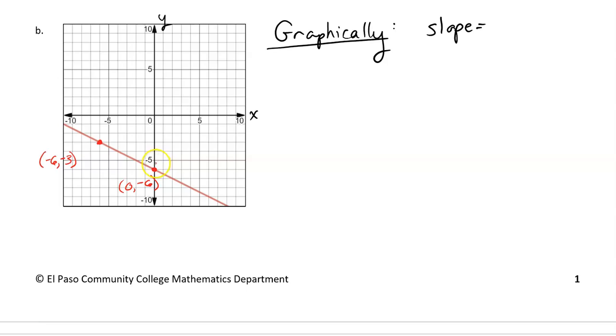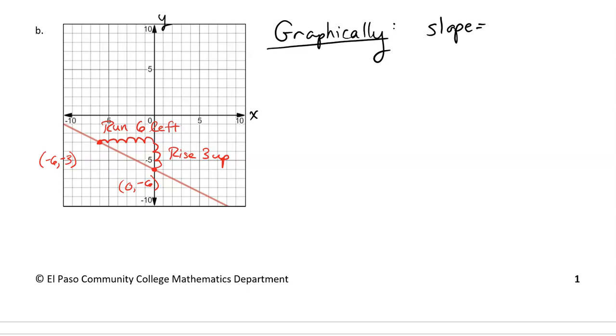So it looks to be 1, 2, 3. So my rise is going to be 3 up. Then let's count the run. So that's the left and right. It looks like I'm going to have to move left. 1, 2, 3, 4, 5, 6. So my run is 6 left.